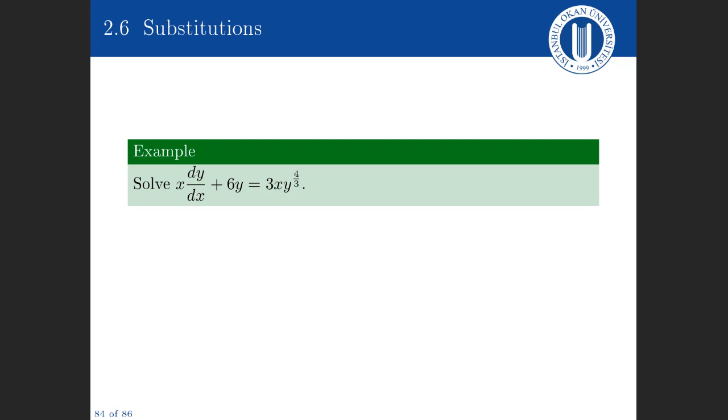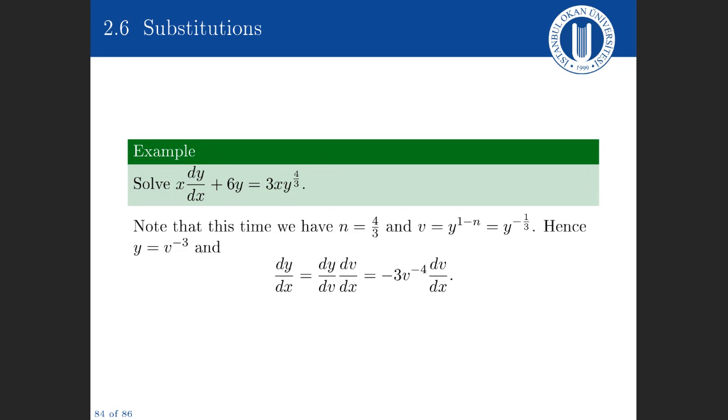Final example for today's lecture. Solve x dy/dx plus 6y is equal to 3x y to the power 4 over 3. Now this time our n is 4 over 3.